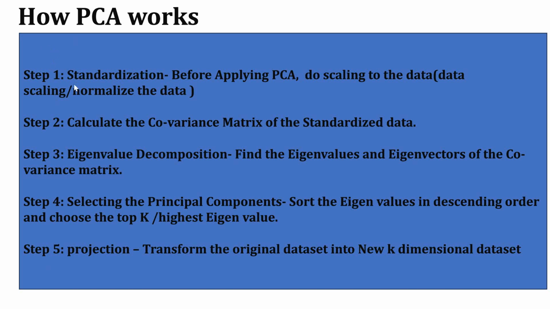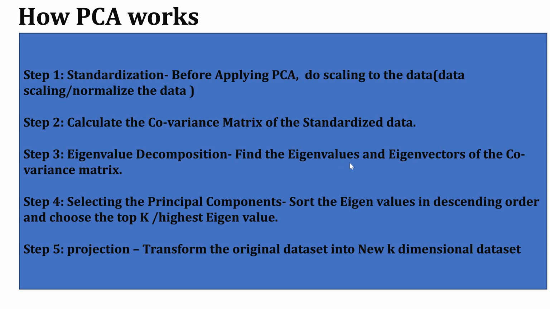Once the standardization is done, the second step என்னன்னு பார்த்தீங்கன்னா calculate the covariance matrix of the standardized scaled data. Okay, from the covariance matrix we have to calculate the eigenvalues and eigenvectors, right? That is the decomposition.